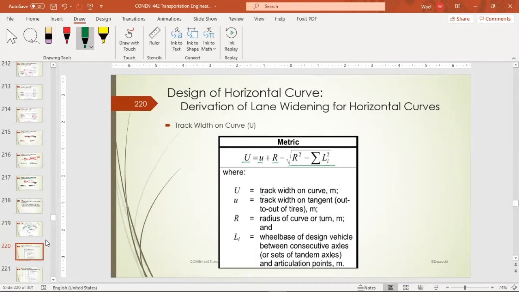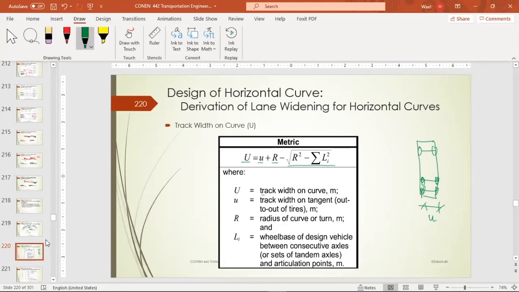So if that's the design vehicle, these are the wheel tracks, the wheels here. That's a 3-axle truck.